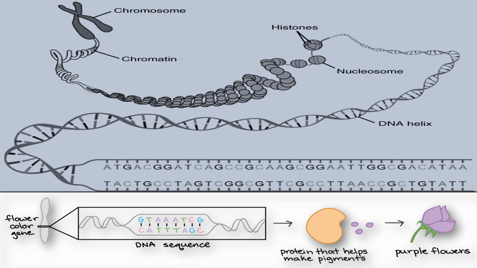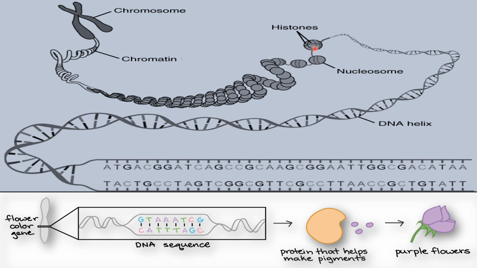Now let's see about the chromosome. Here we have an elaborated diagram of a chromosome. A chromosome is made up of tightly packaged chromatin structure. The chromatin structure is made up of many nucleosomes. A nucleosome is made of DNA which is wrapped around a histone molecule, that is, histone protein.